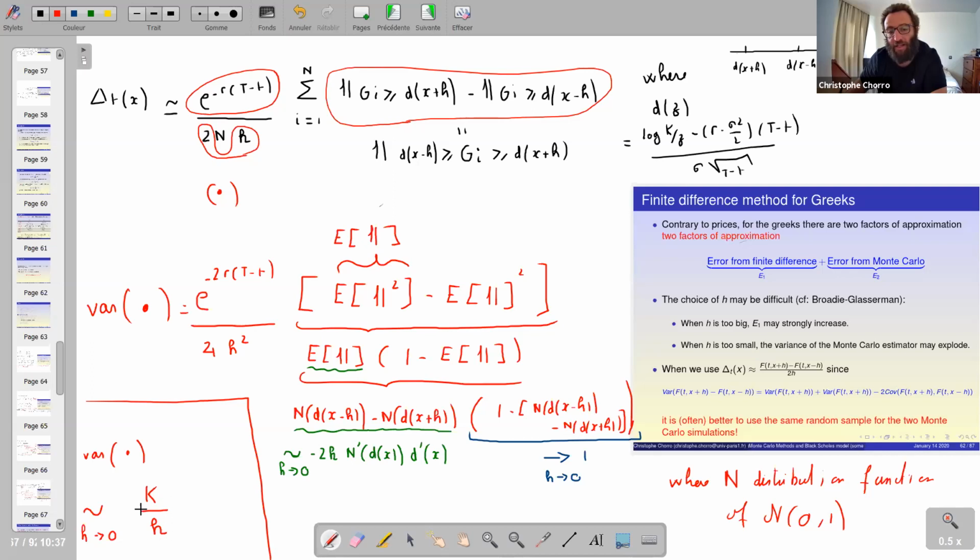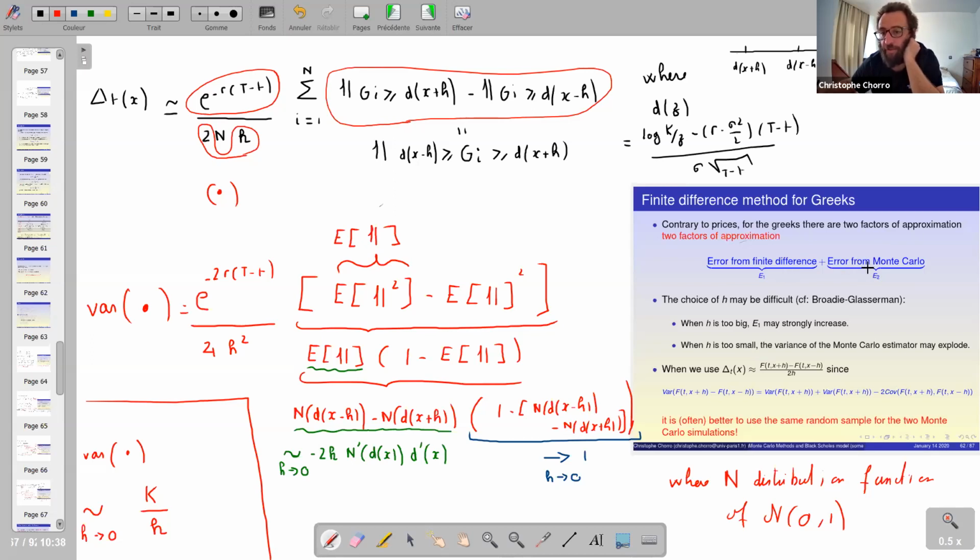That is something that is increasing in h. So when h increases, you decrease the precision of your approximation here. I repeat, when h decreases towards 0, you increase your precision here, but here you decrease your precision, and conversely.